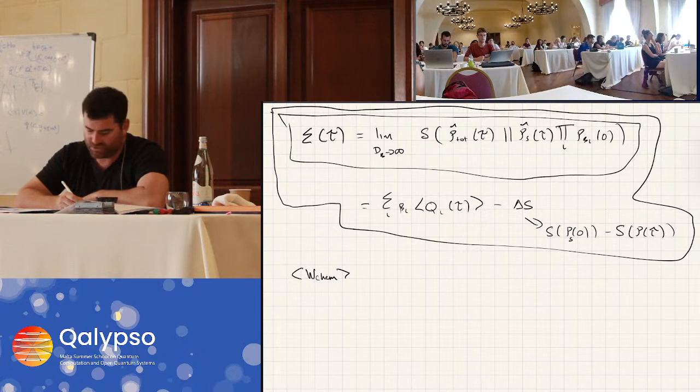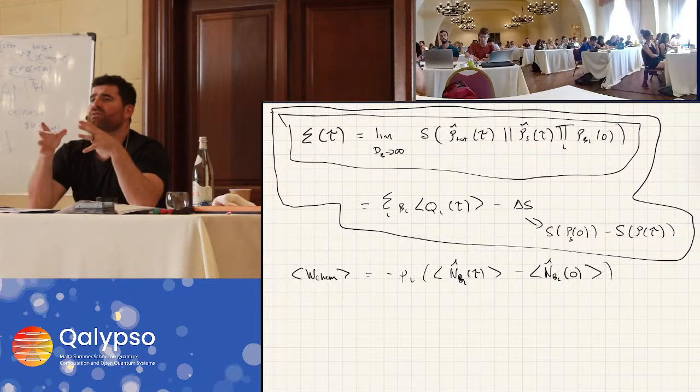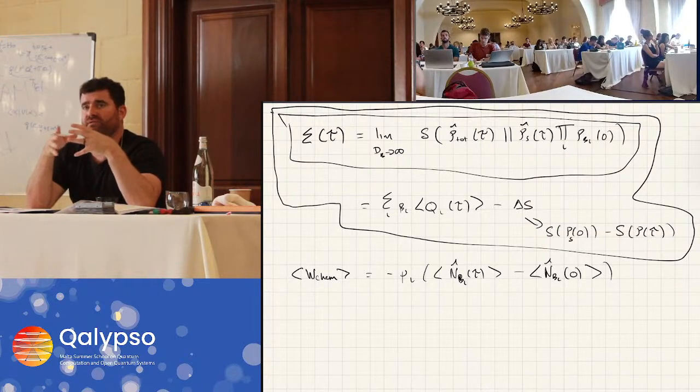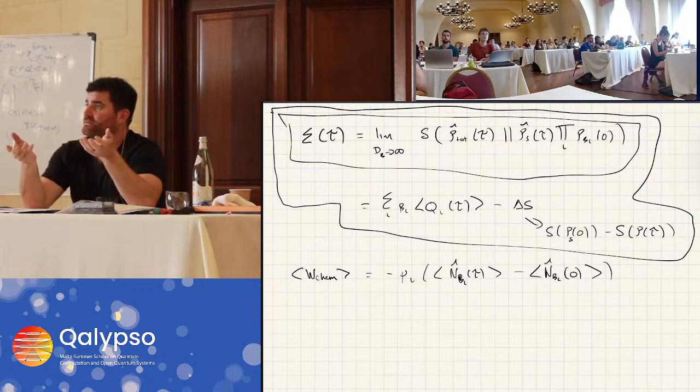You get another term equal to minus mu_L (N_L(tau) minus N_L(0)). The time derivative of this chemical work is going to be essentially the particle current, whereas the time derivative of the heat exchange is going to be the heat current.